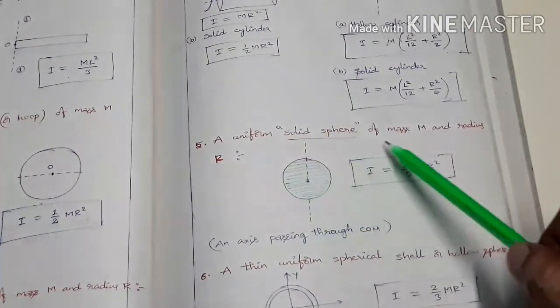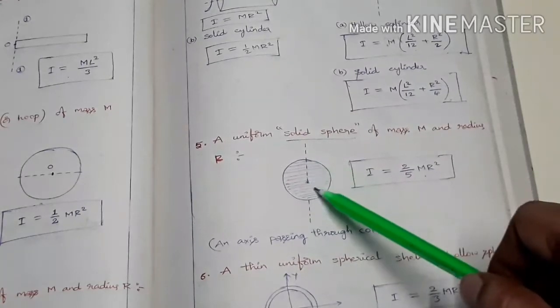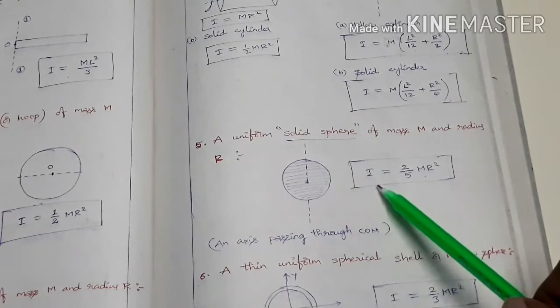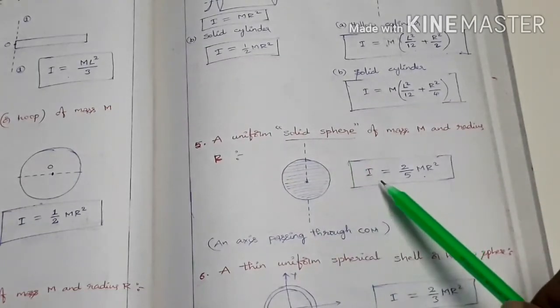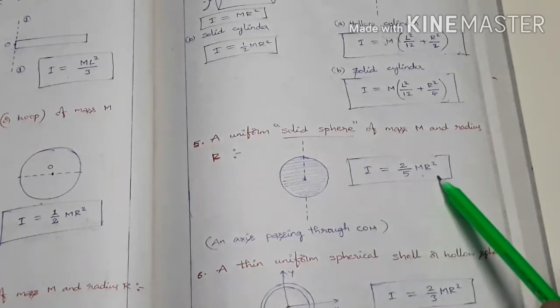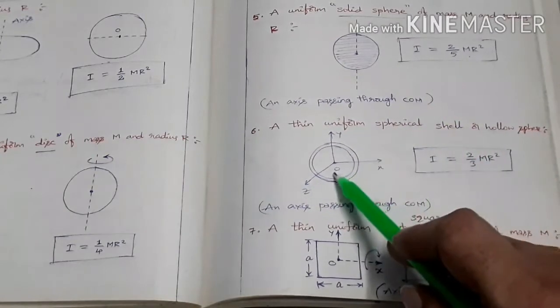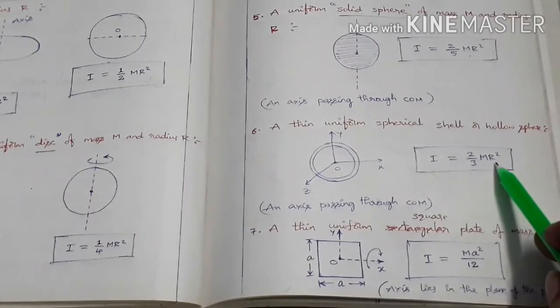A uniform solid sphere of mass M and radius R. It is a solid sphere here. Its mass is M and its radius is capital R. Moment of inertia about an axis passing through its center of mass is given as I equal to 2 by 5 MR square. While if we consider a thin spherical shell, for an axis passing through its center of mass, I equal to 2/3 of MR square.